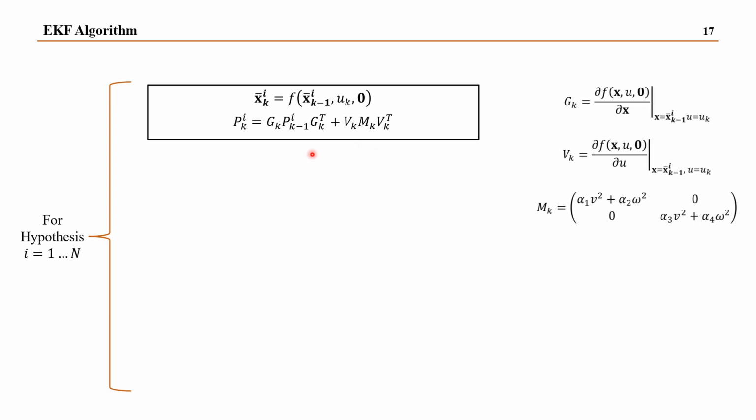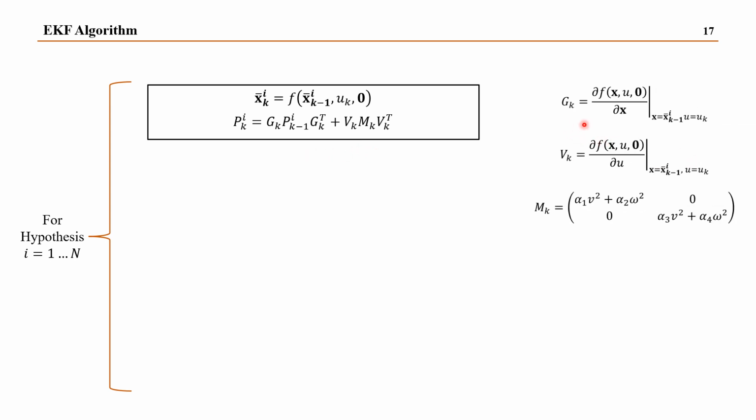These matrices are given here. Gk would be the Jacobian of f with respect to the state evaluated at the previous state at the previous time step, and the current control commands, that is the current v and omega. The same would apply to V, but V is the Jacobian with respect to the input commands, so with respect to the v and the omegas.